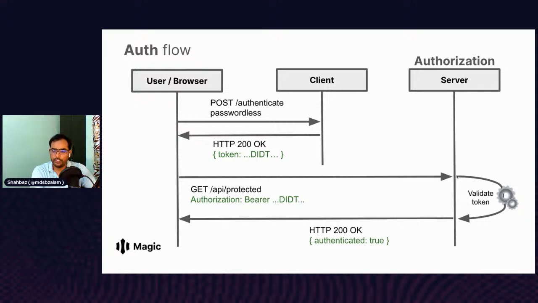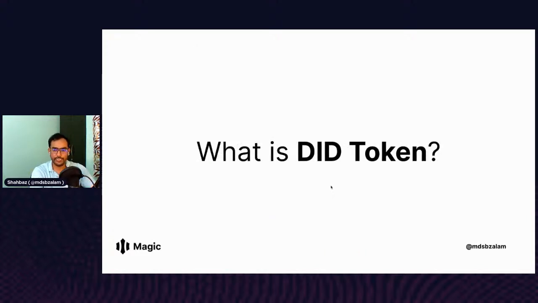At the server, we take that DID token and validate it using our validate function. Once that is done, the authorization step is complete, and you are allowed to access this API resource. So what is a DID token?